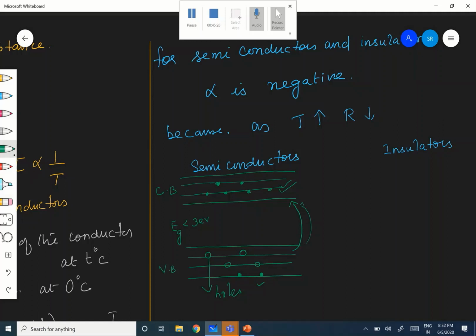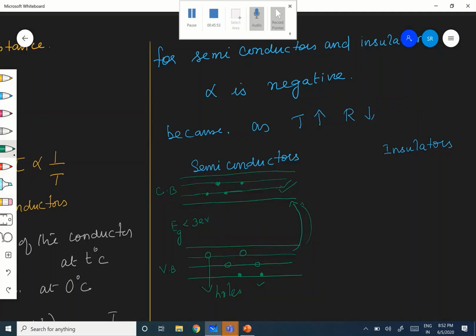Okay, there will be energy levels, and electrons in the conduction band only are meant for conduction. That is why, as the electrons jump from the valence band to the conduction band, they are now available for conduction. Here, Eg is less than 3 electron volt.